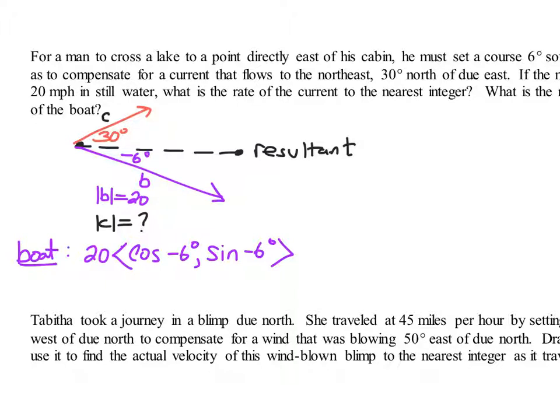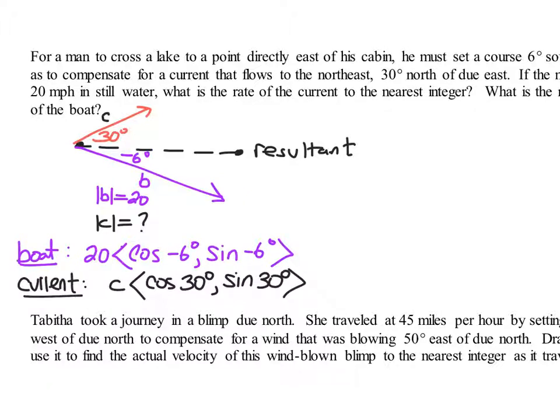Anyway, for the current, we don't know that information, except we do know the vector direction, but we don't know the magnitude of it. That's what we're looking for. So I would say C multiplied by the cosine of 30, comma, the sine of 30. And we can figure all that out in a minute. Those are unit circle values. But you look at this problem and you say, well, negative 6 is clearly not a unit circle value. 30, even though it is, obviously we're going to decimal form at some point here, nearest integer.